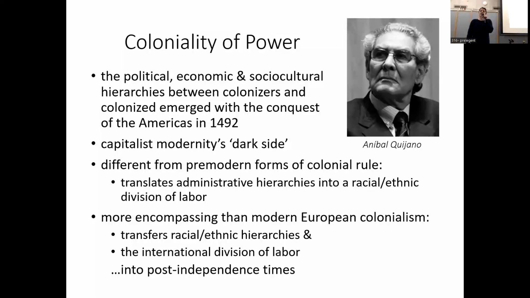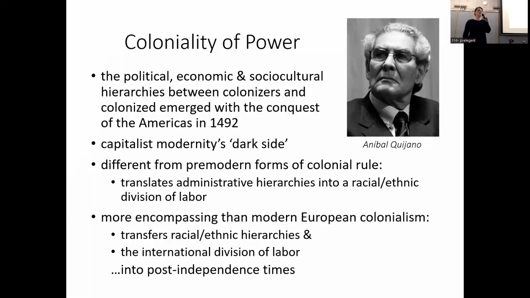And his conceptualization of coloniality is that it is modernity's dark side. It's coloniality, not colonialism, because it does start with administrative colonialism, with the conquest, basically.